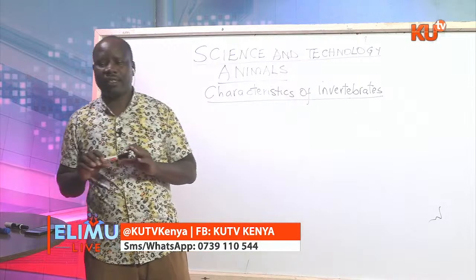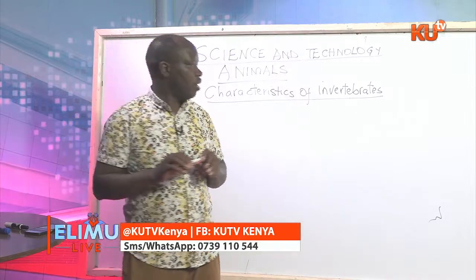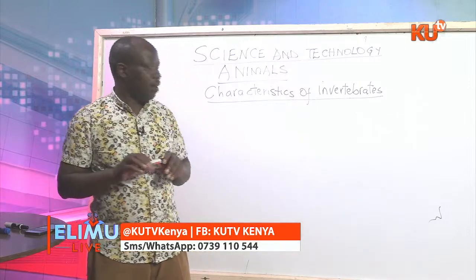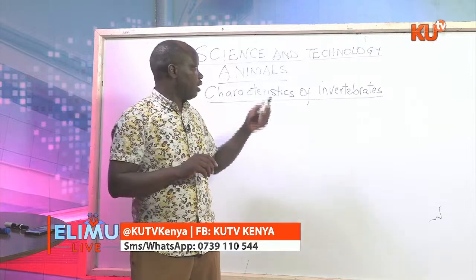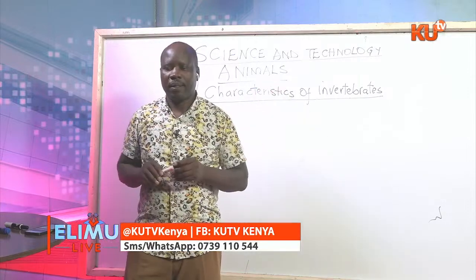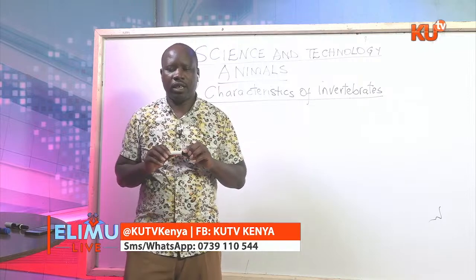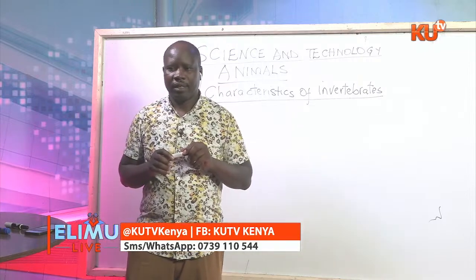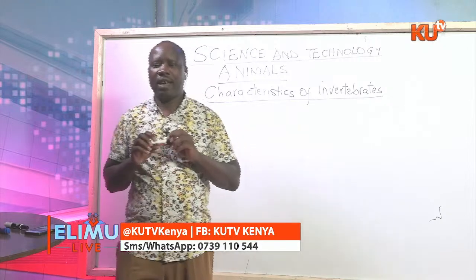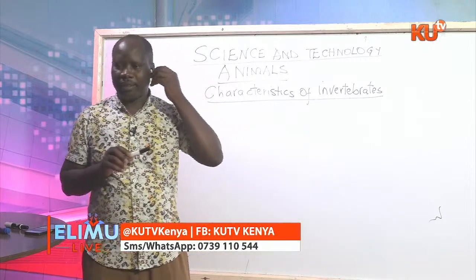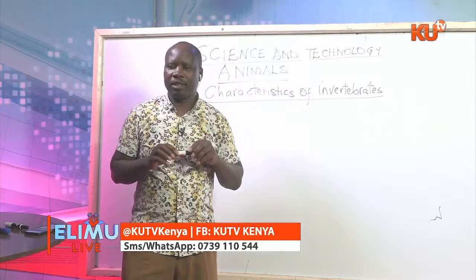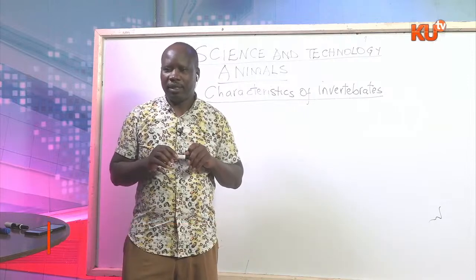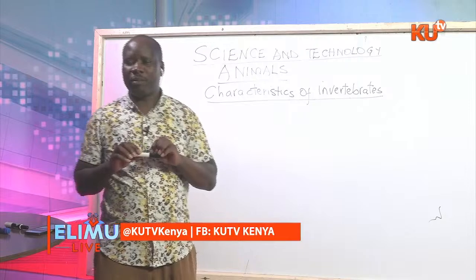In grade 5, just a quick going through it quickly. In grade 5, under the strand of animals, we were able to look at substrand vertebrates. And we defined vertebrates as animals with backbone. Vertebrates are animals with backbones.